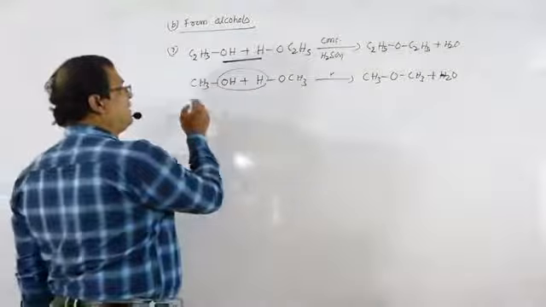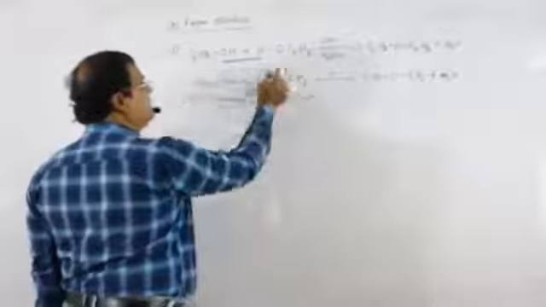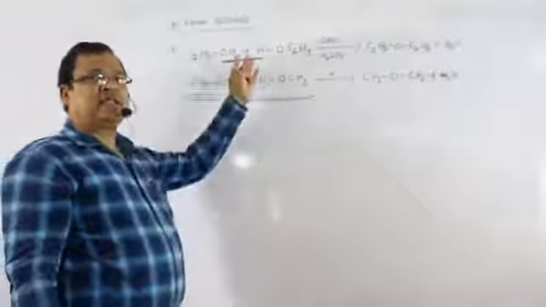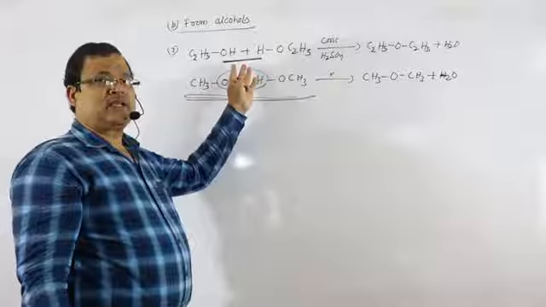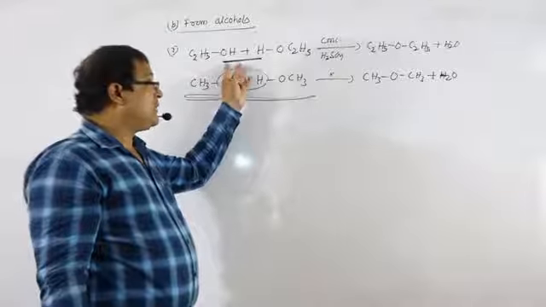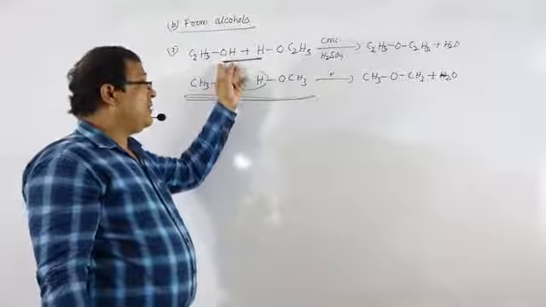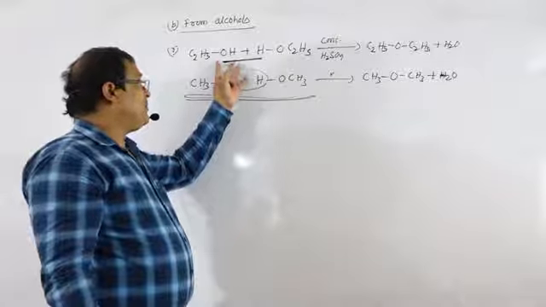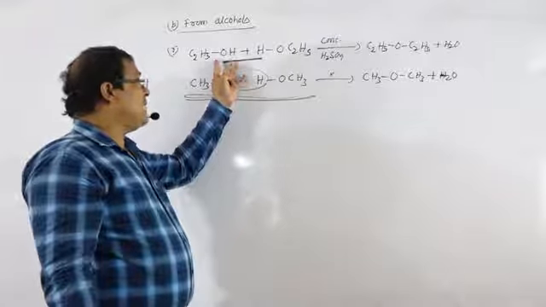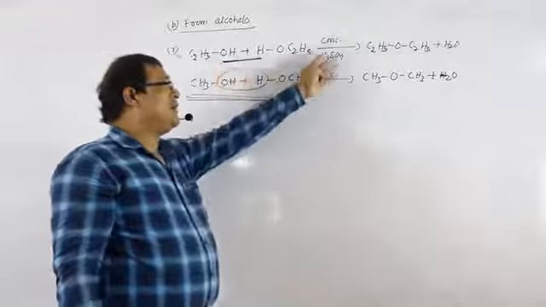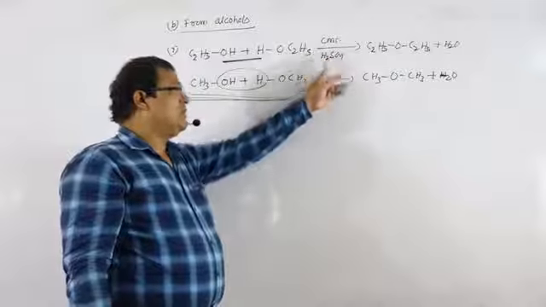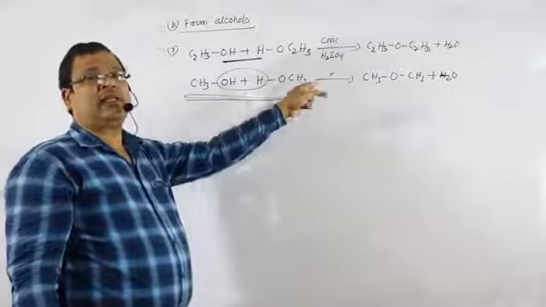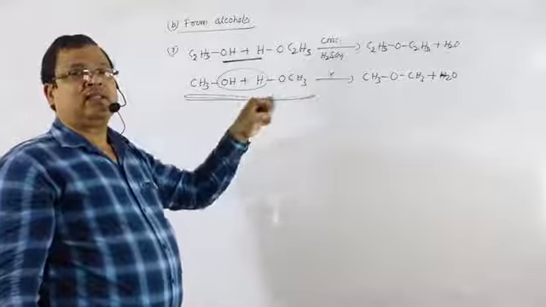Therefore, we have to maintain the concentration of alcohol to a greater extent, or we have to take excess alcohol. Ether can be prepared by this method whenever we take excess ethyl alcohol and the least amount of concentrated sulfuric acid. If we take excess concentrated sulfuric acid, then alkene is taken as the major product.